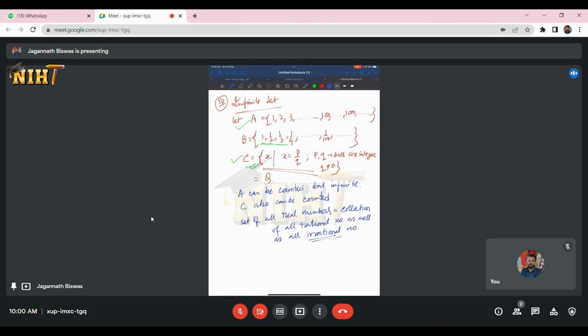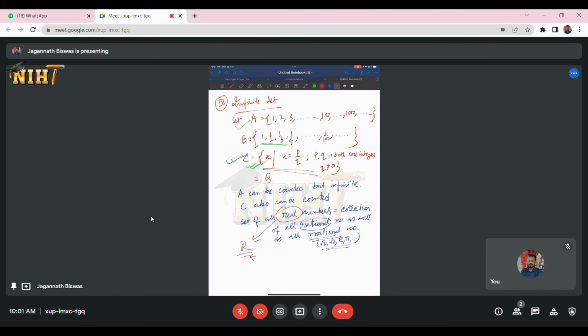Irrational numbers means root 2, root 3, e, pi, etc. These are irrationals. So if I include these type of elements with C, that becomes my real numbers. And the set of all real numbers is expressed by capital R. So this set is also infinite but cannot be counted.